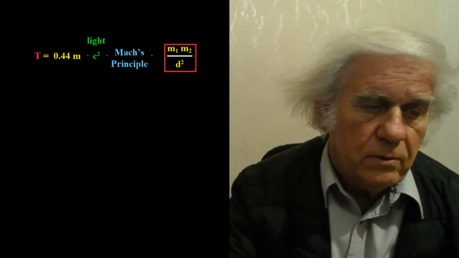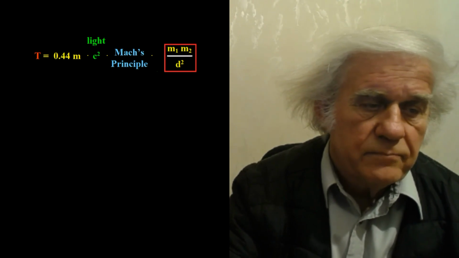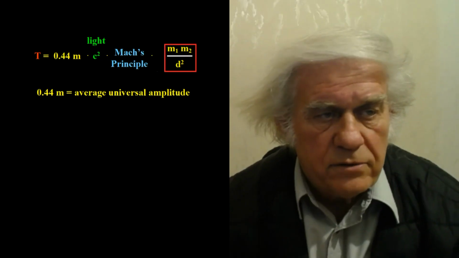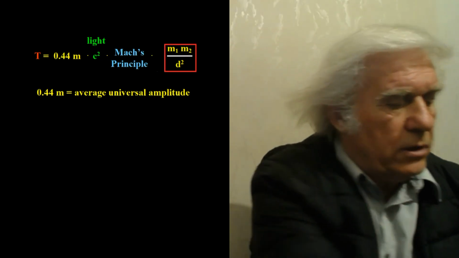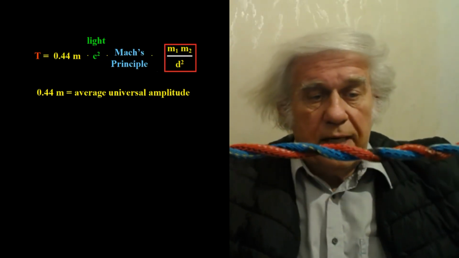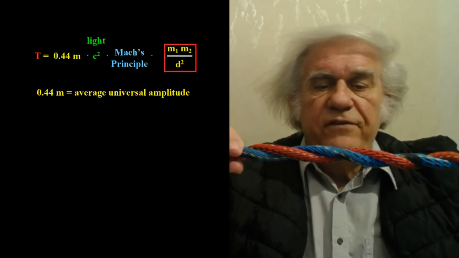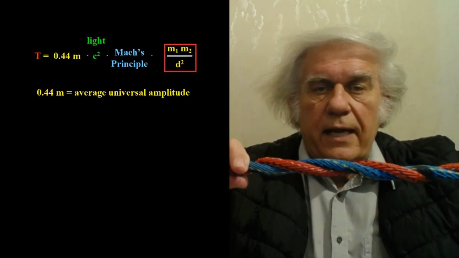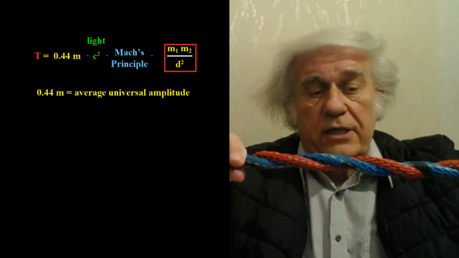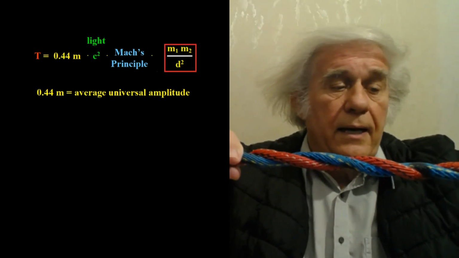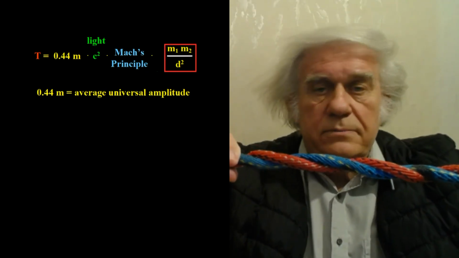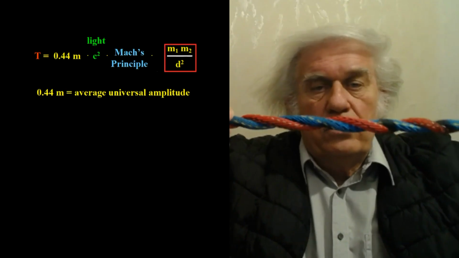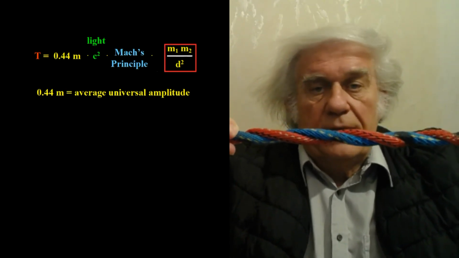Let me show you why, because we have this: the universal amplitude of the wave. Remember, a rope or a wave, doesn't really matter, has three features: frequency, wavelength, and amplitude. Aside from the fact that there's an invisible axis along which a taut rope lines up.